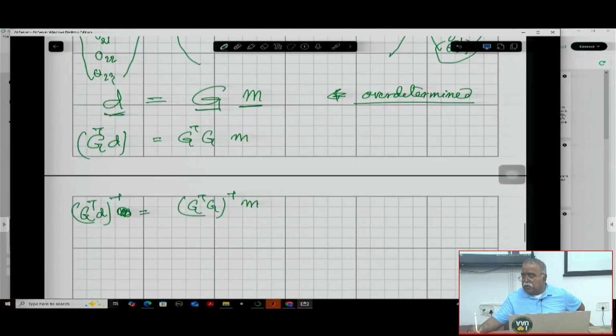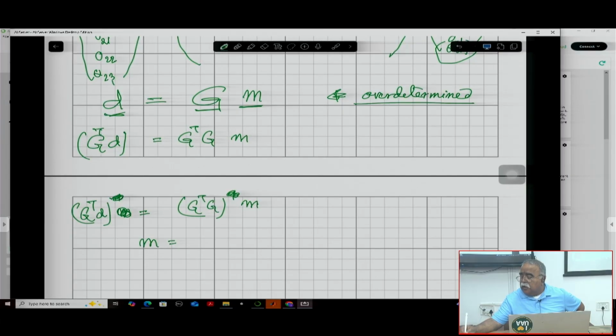So you can calculate your M by the GTG inverse into the GTD. Sorry, I take it back. So this is equal to GTG into M. Now if you take these things down, then M will be equal to your GTG inverse into GT into D, right?